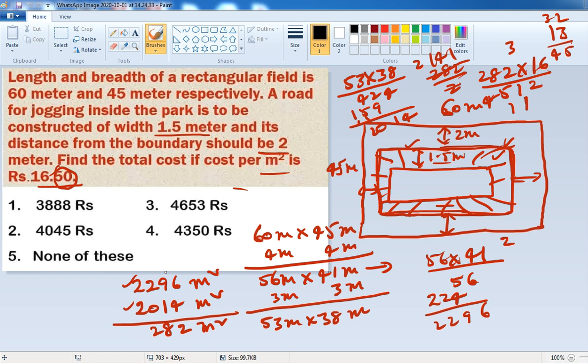Add this 141, and we get 4653. So it will be 4653 rupees. So what is the cost? 4653 rupees is the cost to construct the road inside that particular park.